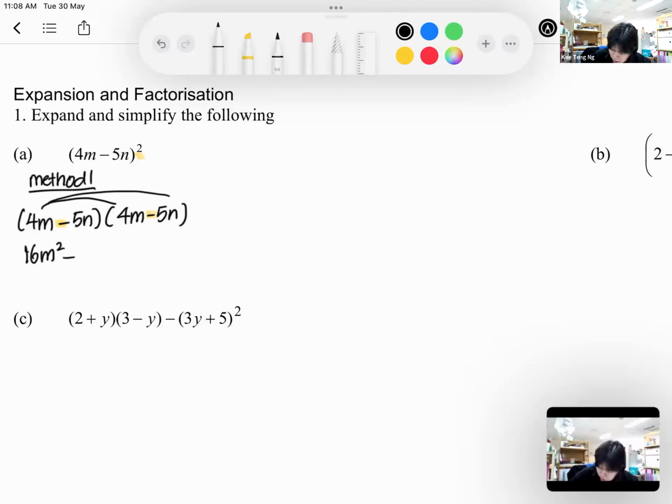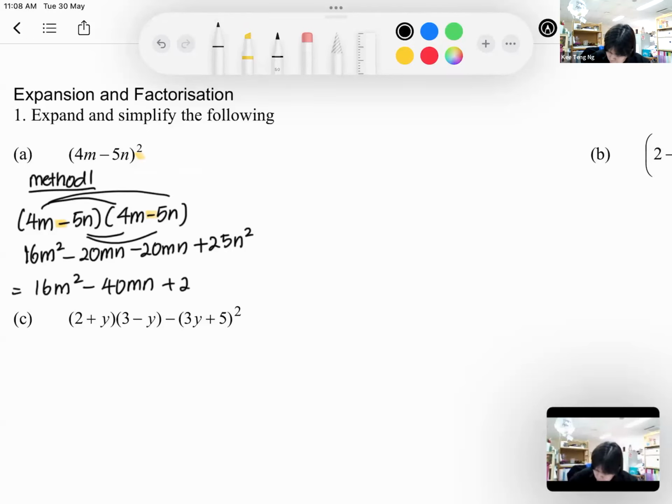Minus 4m times 5n, negative 20mn. Negative 20mn plus negative and negative is positive, 5n times 5n, 25n squared. So simplify: 16m squared, minus 40mn, plus 25n squared. Method number 1.